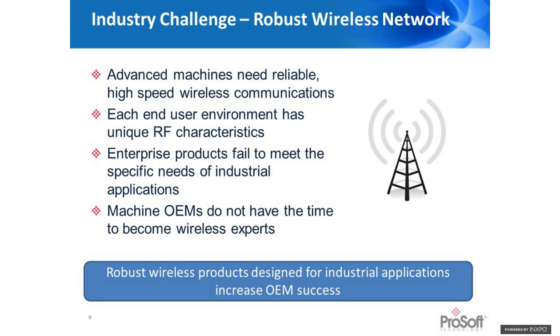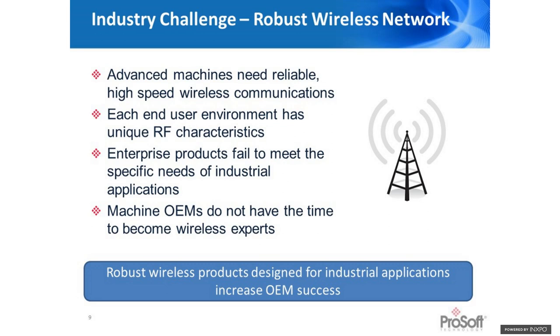When we look at deploying one of these systems, there's a lot of challenges in making it work in the industrial environment. This is where ProSoft really has all of our experience. And so we've been able to help a lot of customers deploy very successfully these systems that require operations in less than ideal conditions. These automated systems really need a reliable high-speed wireless communications. I mentioned that safety is a very important characteristic of the automated system, a very important function.